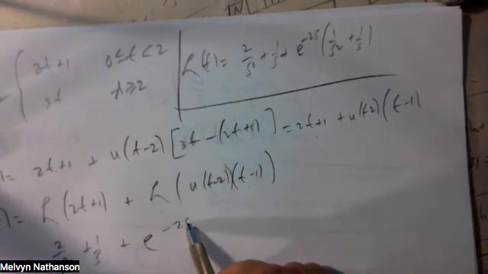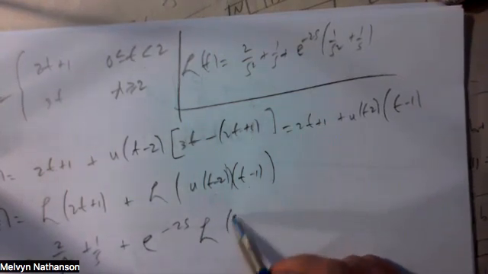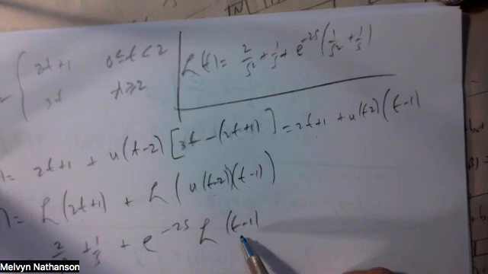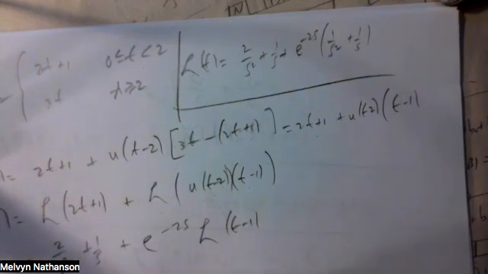Tau is 2, so e to the minus 2s times the Laplace transform of t minus 1. So that's 2 over s squared plus 1 over s plus e to the minus 2s.